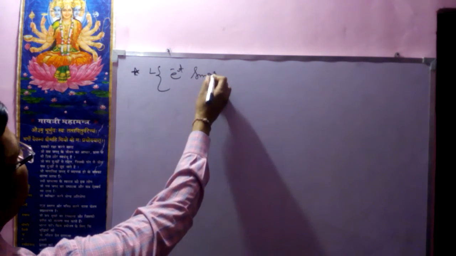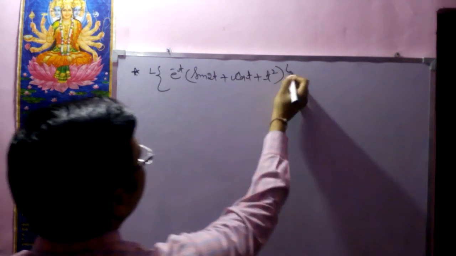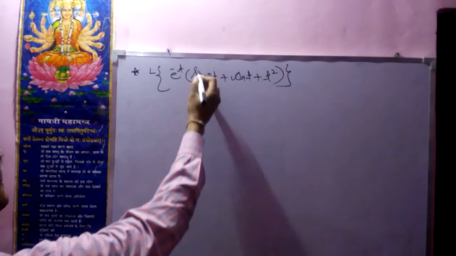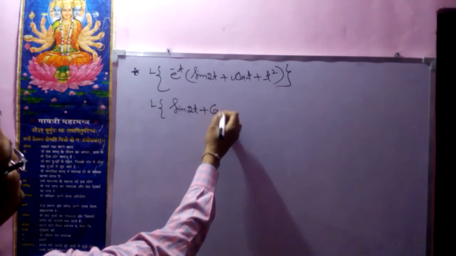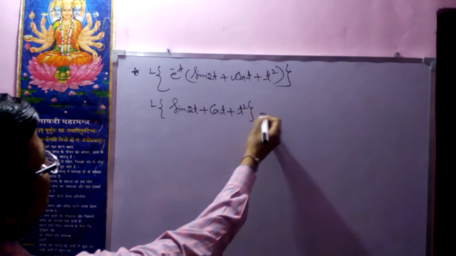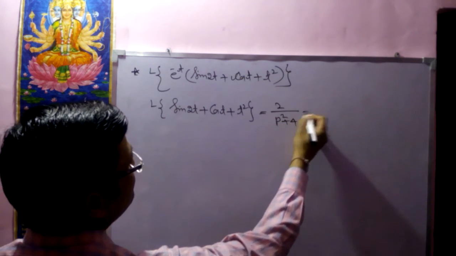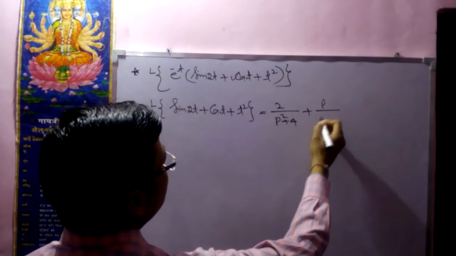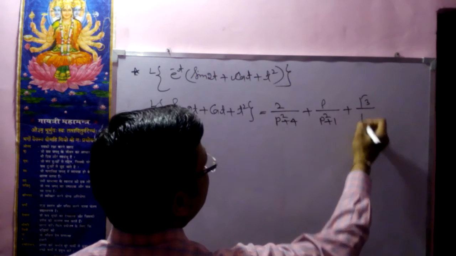Now another example of this theorem: e to the power minus t times sin 2t plus cos t plus t square. First of all, we will find the Laplace of sin 2t plus cos t plus t square. That is, sin 2t will be 2 upon p square plus 4, cos t will be p upon p square plus 1, and t square will be gamma 3 upon p cube.